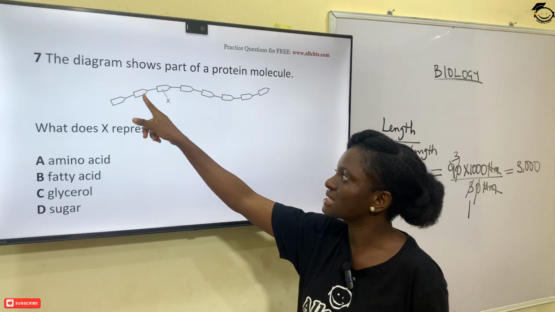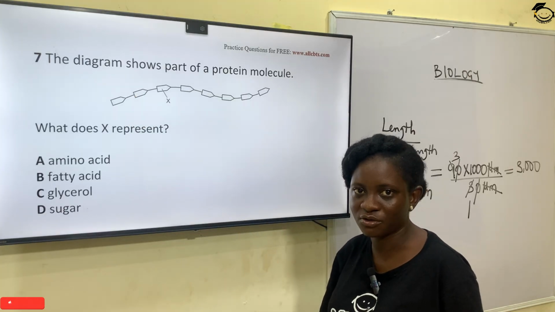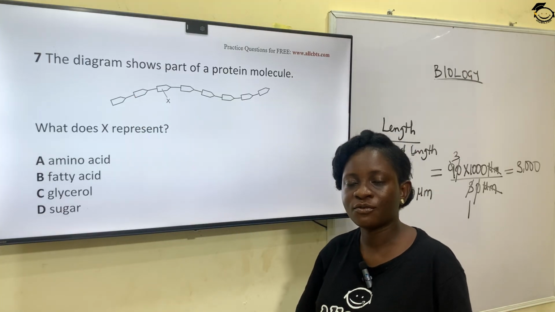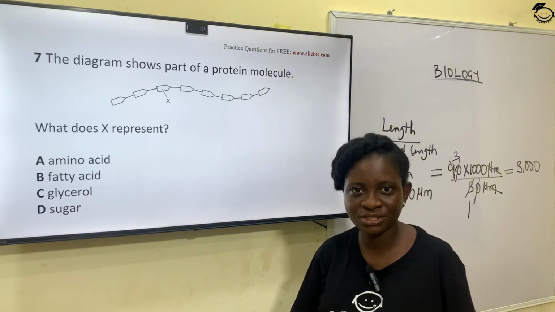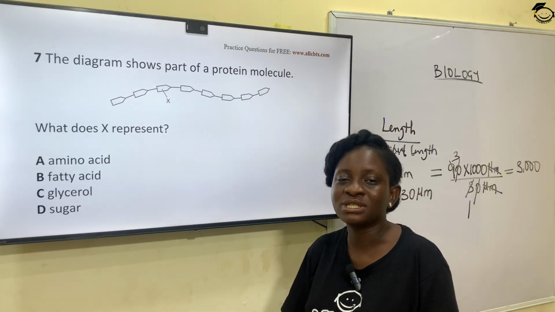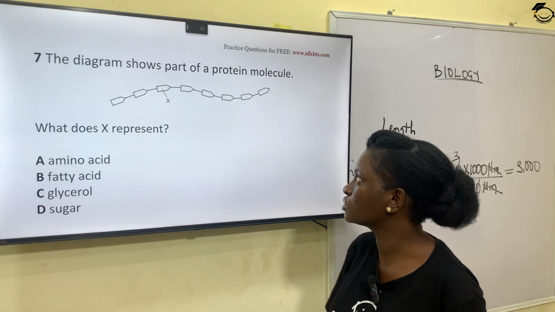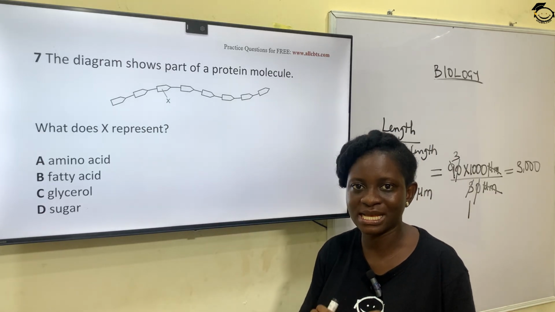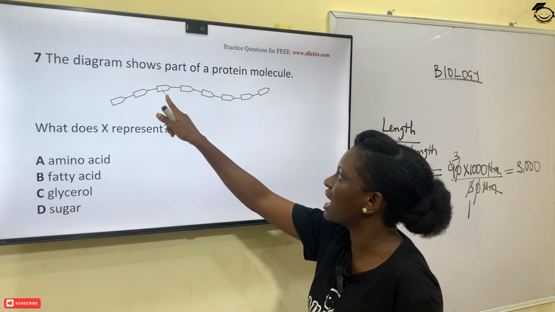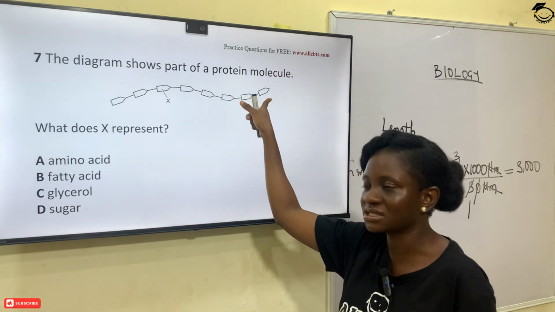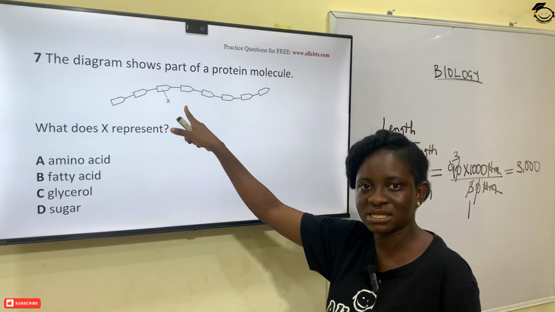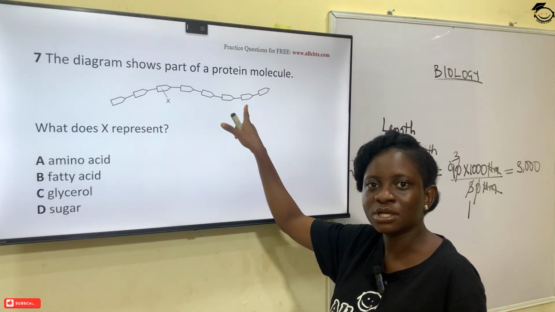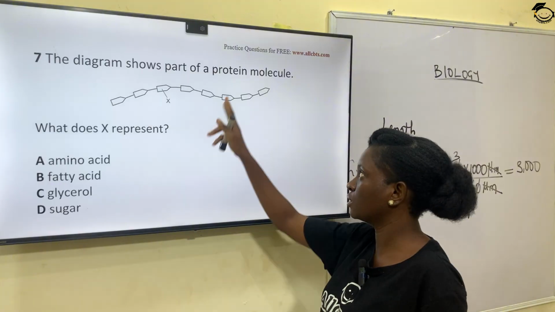It's used for connecting simple units of protein. For sugar, let's say starch, is a complex molecule. The simple unit is known as glucose. But for a protein molecule, the simple unit is known as amino acid.